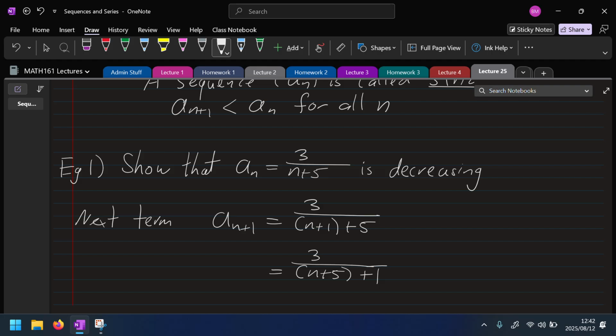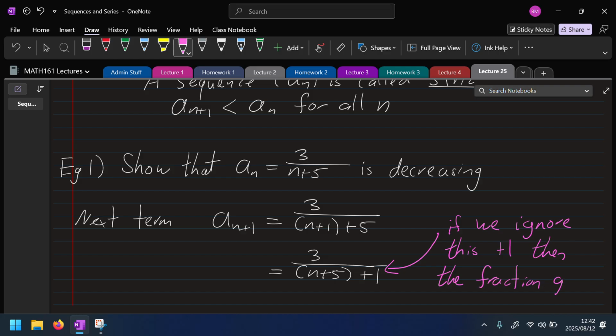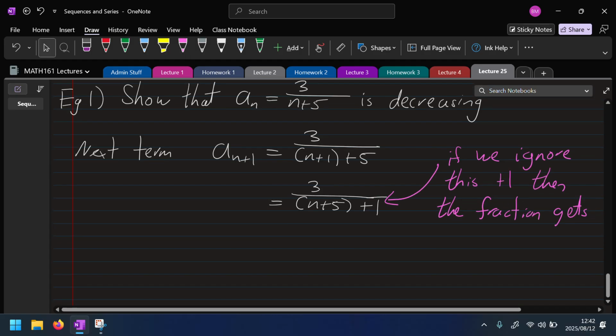Now 3 over n plus 5, that's what we have for the previous term. But here we've got an extra plus 1 in the denominator. If we ignore this plus 1, does the fraction get larger or smaller if I get rid of that plus 1?